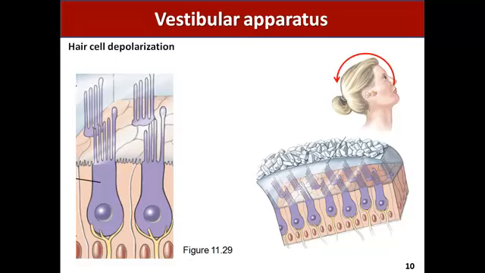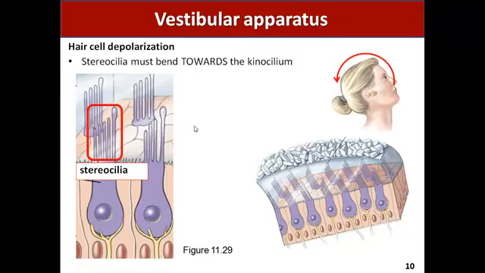In terms of the mechanism through which the hair cells will depolarize, what we see in this illustration is a single long kinocilium located adjacent to shorter stereocilia. And so the stereocilia must bend in the direction towards this very large, very long, enlarged end kinocilium.